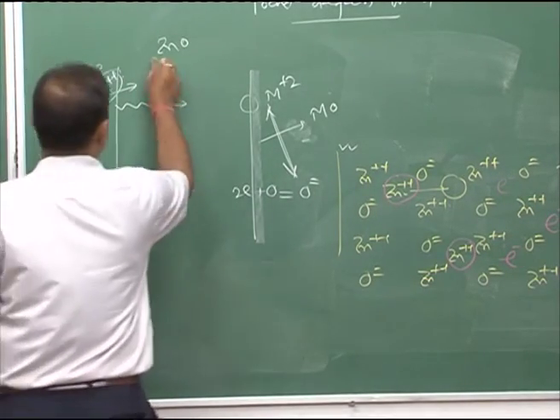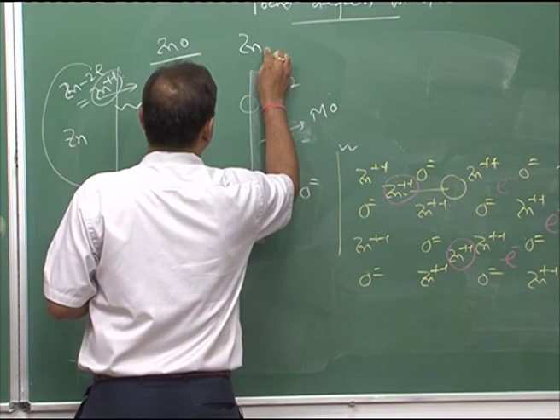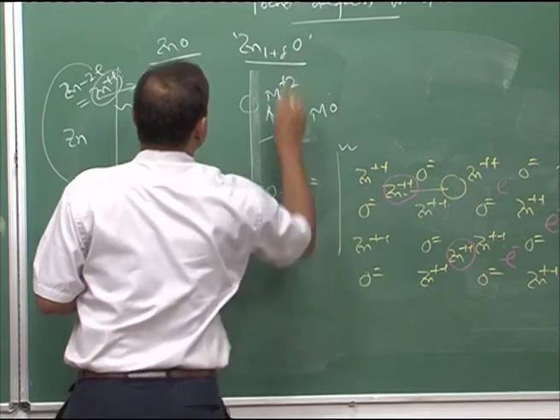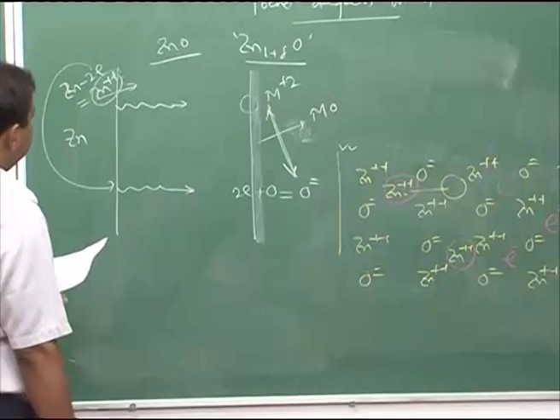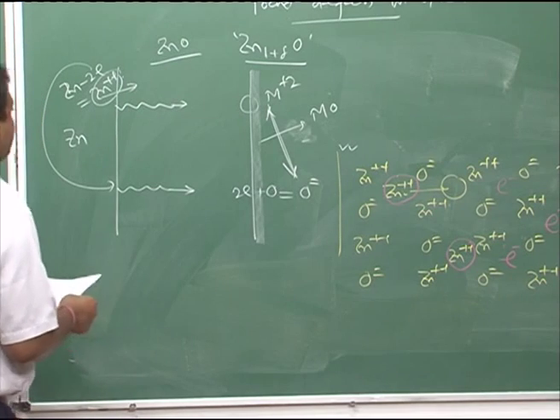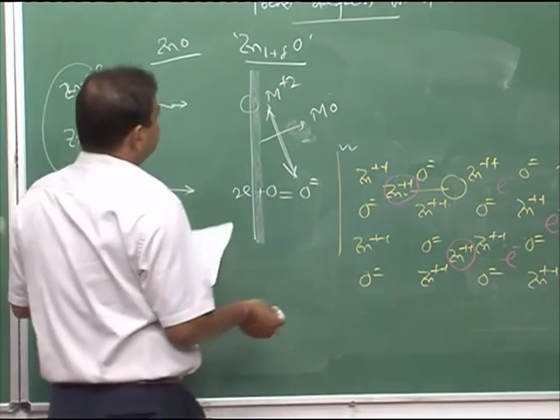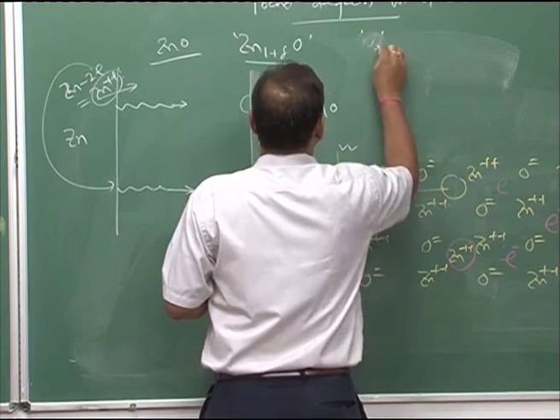So, this is in case of oxide with excess cation or N type oxide. Now, there could also be a possibility of N type oxide with oxygen deficiency.